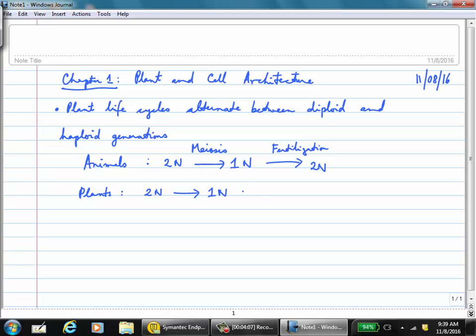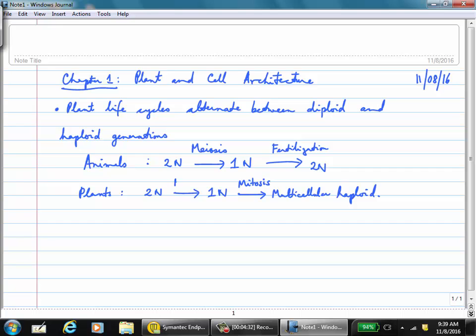So then this undergoes mitosis. Then this will produce a multicellular haploid. And then later on, the multicellular haploid is going to produce the egg and the sperm, again not by meiosis, because meiosis has already happened before.